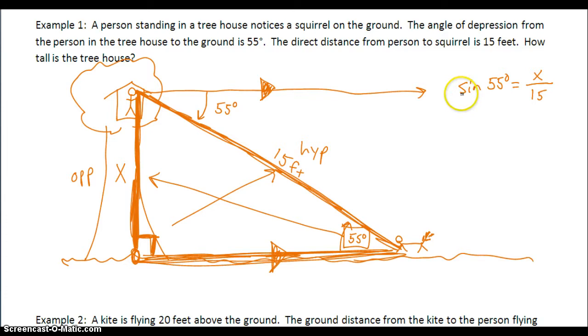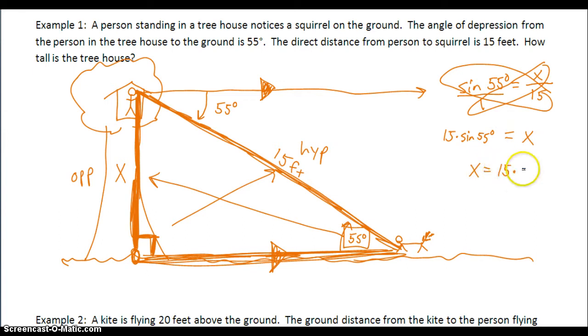Now I need to solve for x. Turn my ratio into a proportion and cross multiply. 15 times the sine of 55 degrees equals x, which means that x equals 15 times the sine of 55 degrees.